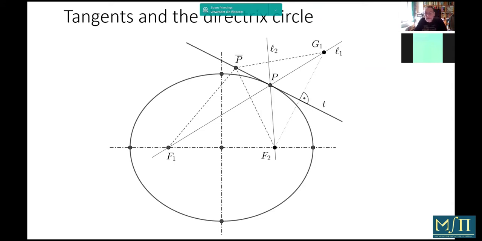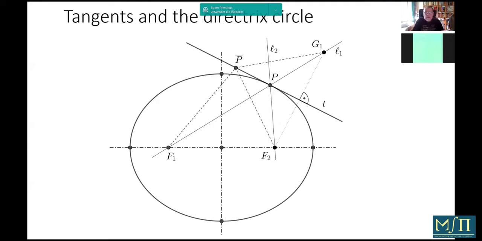But we can show that this will lead us to a contradiction of our assumption. The reason is, if P bar lies on the ellipse, then we know that the sum of the distances from P bar to F1 and F2 must be equal to 2A. We do know already that the sum of the distances from P to F1 and to F2 is equal to 2A.